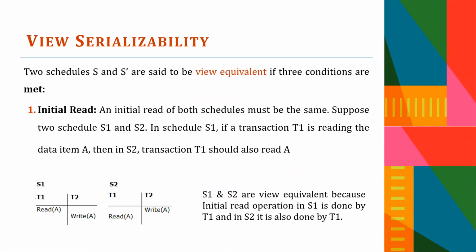Let's look into the first condition, that is the initial read. The initial read of both schedules must be the same. Suppose we have two schedules S1 and S2. In schedule S1, if a transaction T1 is reading the data item A, then in S2, the transaction T1 should also read A. In the given example, S1 and S2 are view equivalent because the initial read operation in S1 is done by T1 and in S2 it is also done by T1.